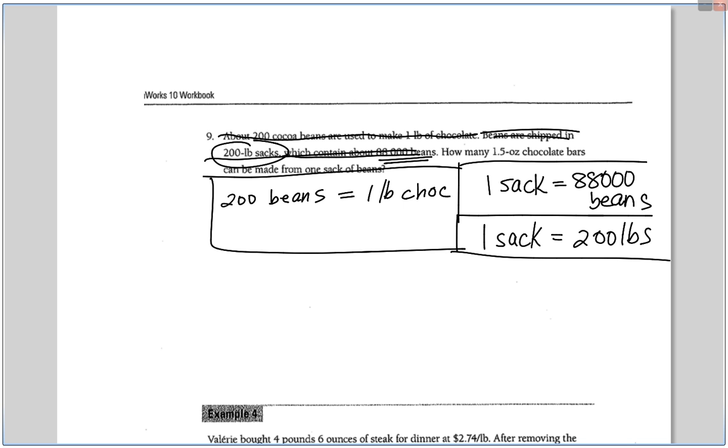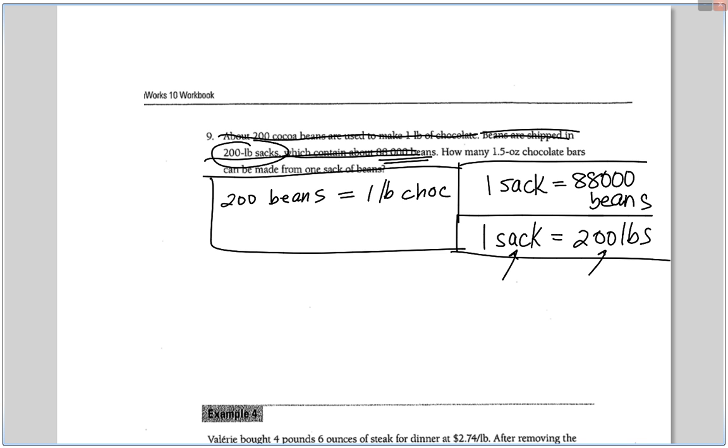How many 1.5 ounce chocolate bars can be made from 1 sack of beans? Okay, well, 1 sack of beans gives me 200 pounds of chocolate. Alright, so it's kind of a weird question.